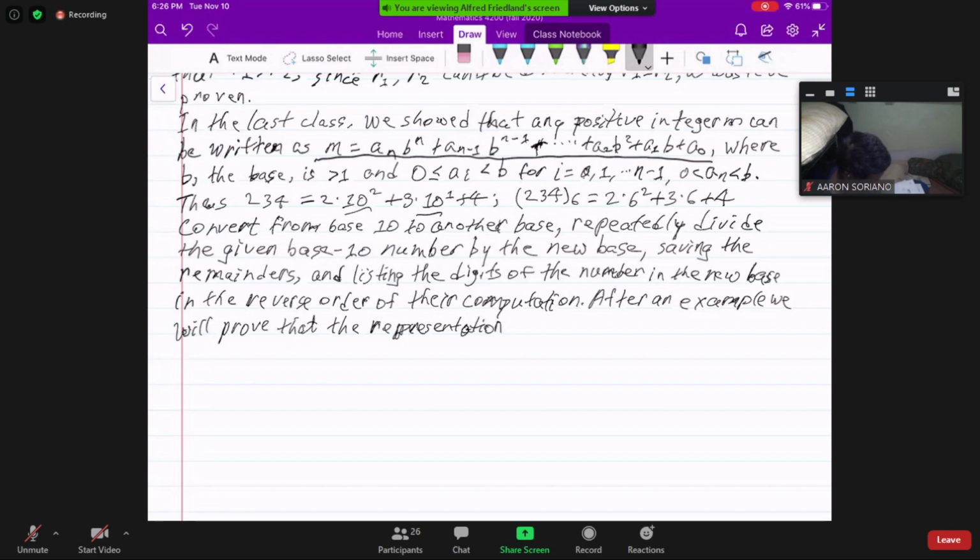We'll prove that the representation of a number in a given base, that's what I underlined above, m equals a sub n times b to the n and so on, the underlined statement, that's m written in base b, or in the scale of b, is unique.